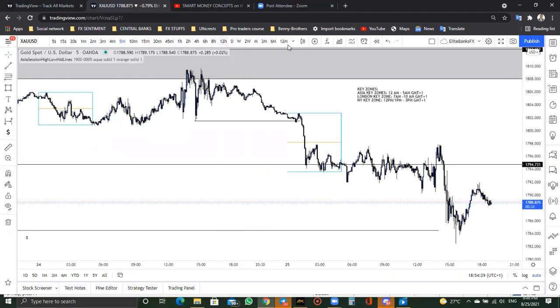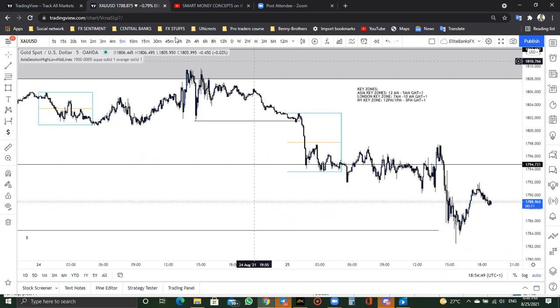Anything from 4 hours and above is not an entry time frame for me. Instead, it is a structural, trending, and directional time frame for me.